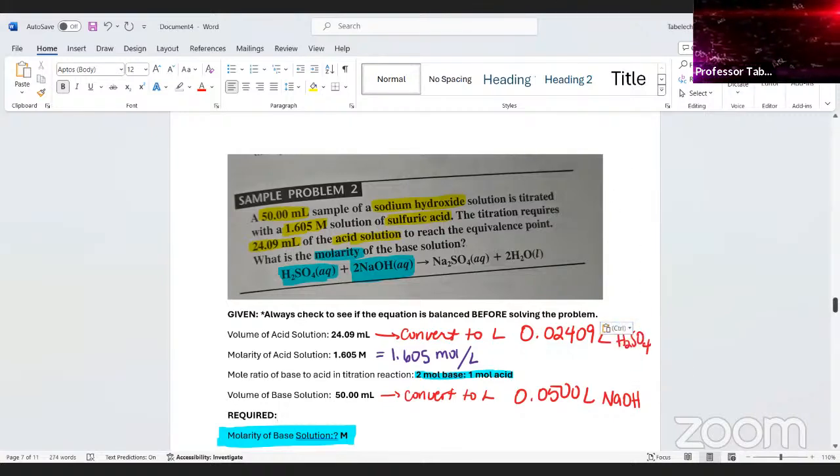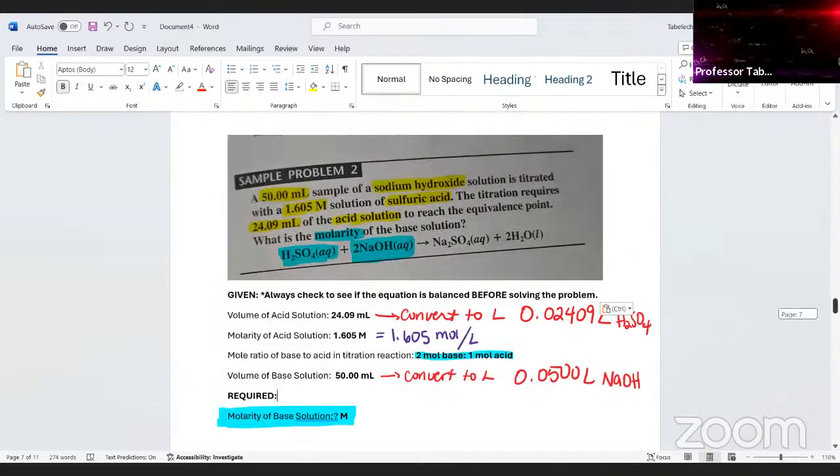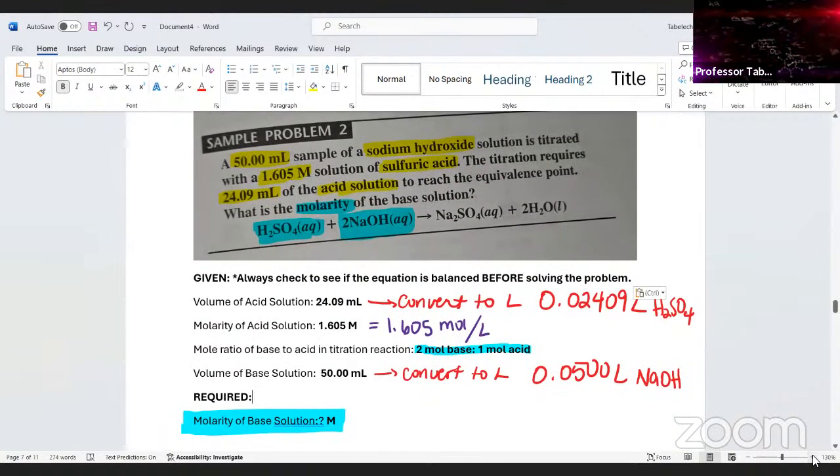Now, the next part of your problem, they gave you the molarity of the acid right here. That 1.605 molarity solution of a sulfuric acid, they also provided that for you as well. That's also important.